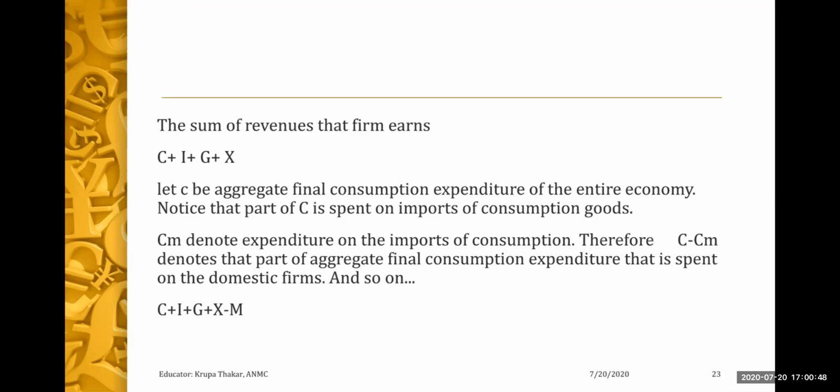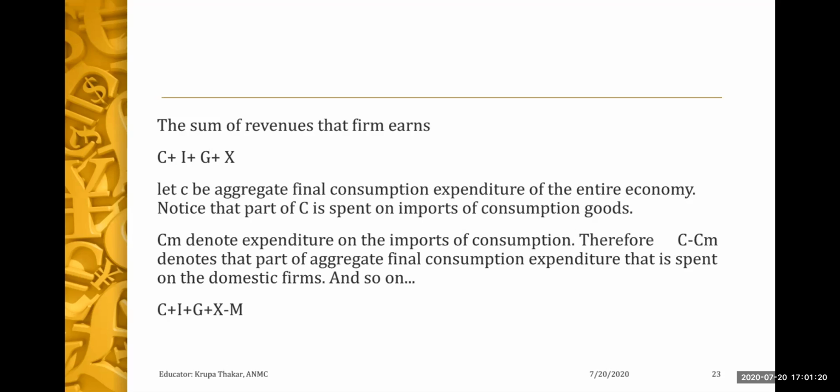And that is why if we calculate it further, what we get is C plus I plus G plus X, and in bracket, CM plus IM plus GM, which we have to subtract from X. X is nothing but export, and CM, IM and GM are the expenditures done on imports.